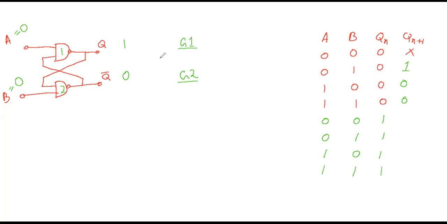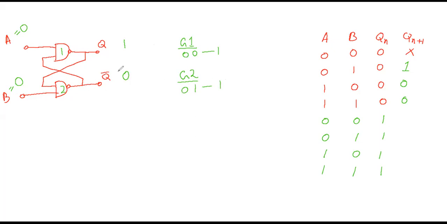So what are the inputs at gate 1? 0 0. For 0 0 you are likely to get 1. Okay, no problem. And this 1 will come here. So what are the inputs at gate 2? 0 and 1. 0 and 1 will give you 1.